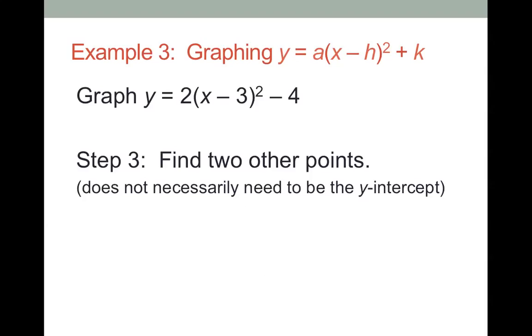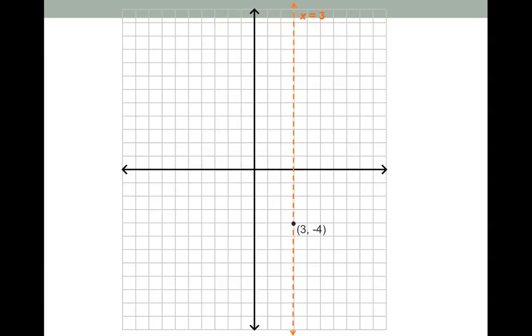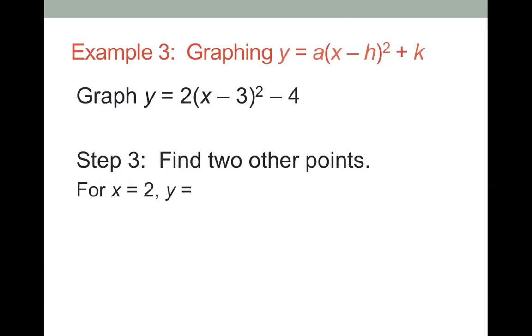Step 3 is to come up with 2 other points, and again, they don't necessarily have to be the y-intercept. If we look at our graph this time, the y-intercept gets a little bit far away, and if we put 0 in for x, we get a rather large answer. So instead, we'll pick things that are closer to the axis, like a 2. If I put 2 in for x, I work it out and I get a -2 for y.